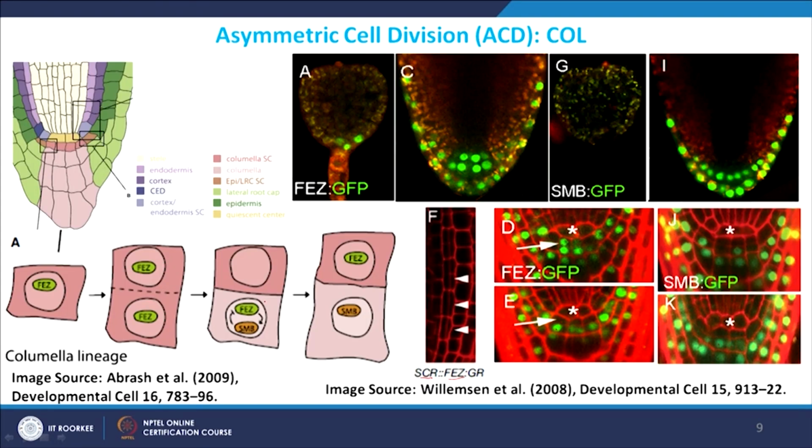When cell division occurs, in the lower cells FEZ activates the expression of SMB, but once SMB is activated, it immediately represses FEZ expression, and this is how there is a differential expression pattern. This regulatory network ensures a proper stem cell identity for the columella stem cells and allows the distal cells to enter the proper differentiation program.